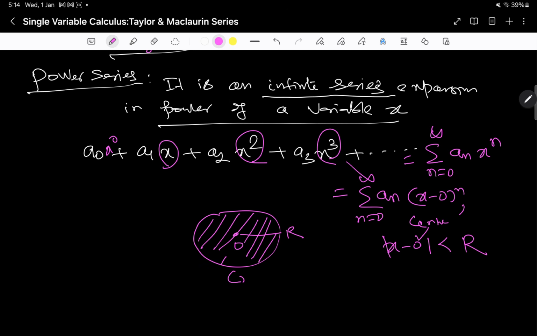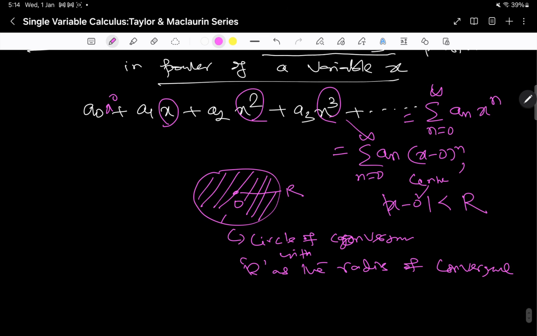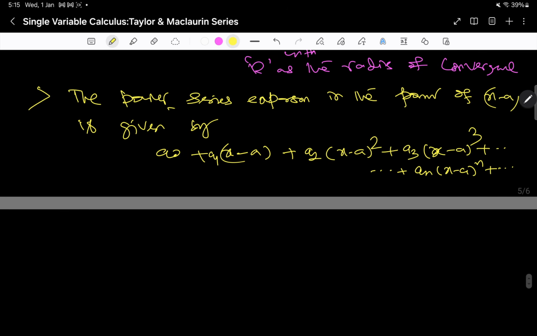So this is my circle of convergence, with r as the radius of convergence. Likewise we have a power series expansion in the power of x − a.